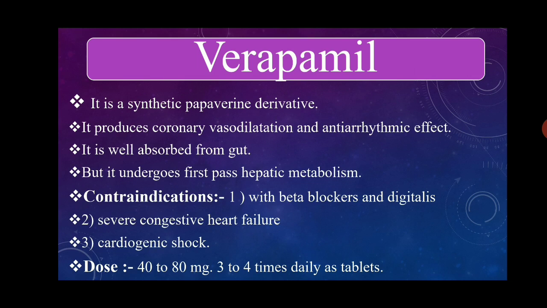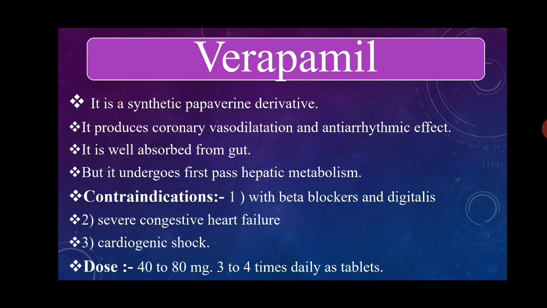Verapamil has various contraindications. This drug should not be combined or administered in these conditions. Verapamil is contraindicated with beta blockers and digitalis. These drugs should not be combined with beta blockers or digitalis.